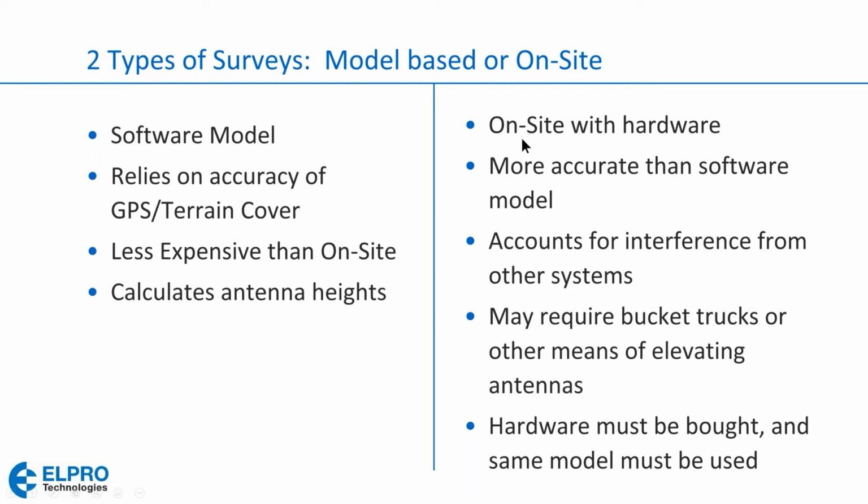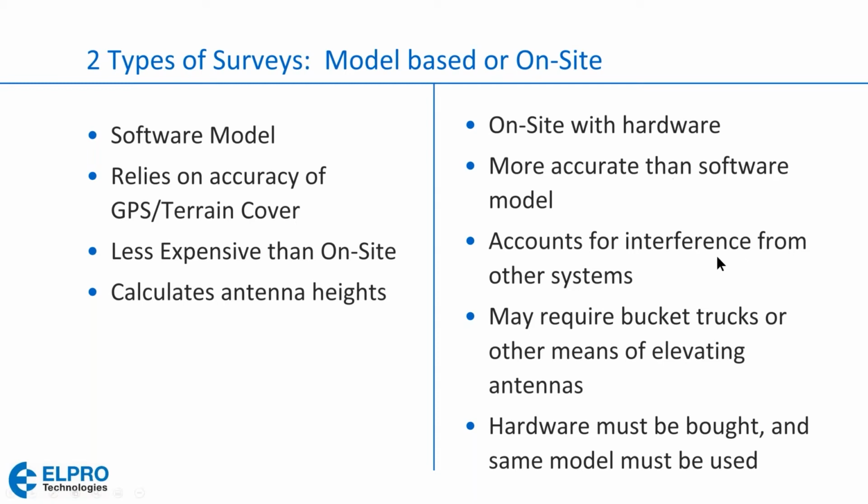On the other hand, if you have the actual radios on hand and you have some antennas and you have some means of elevating the antennas above ground, then I would always recommend an on-site survey. The on-site radio surveys will always be more accurate than a software model.